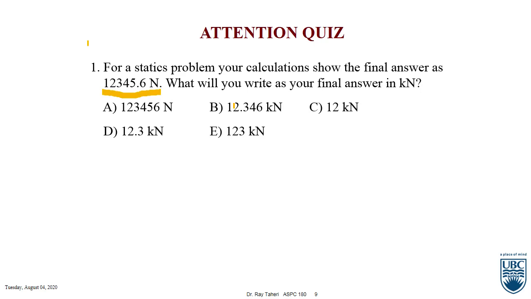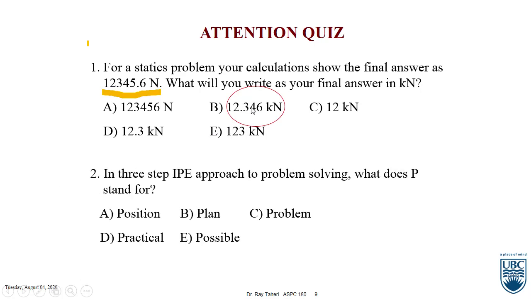Now you want to write this in kilonewtons. Obviously in kilonewtons, you have to use the same significant figures. So the answer is this, except there is a 5 missing if you pay attention. So we have to go by the same. Maybe you can add a 5 here. This question I will answer later. On to the next.